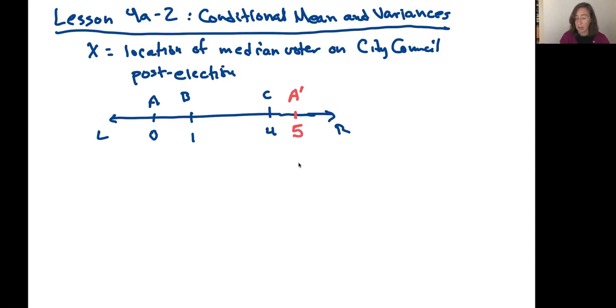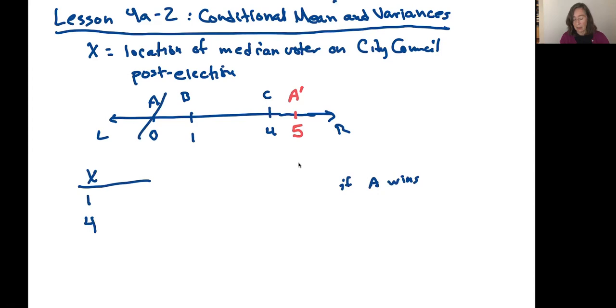And with that, we can start to draw out the little table that defines the values for random variable X. So X will either be 1, that's what will happen if A wins the re-election. The median voter will still be B because it'll be A, B, and C. This is if A wins. Or X, the location of the median voter, will be 4 if A loses.